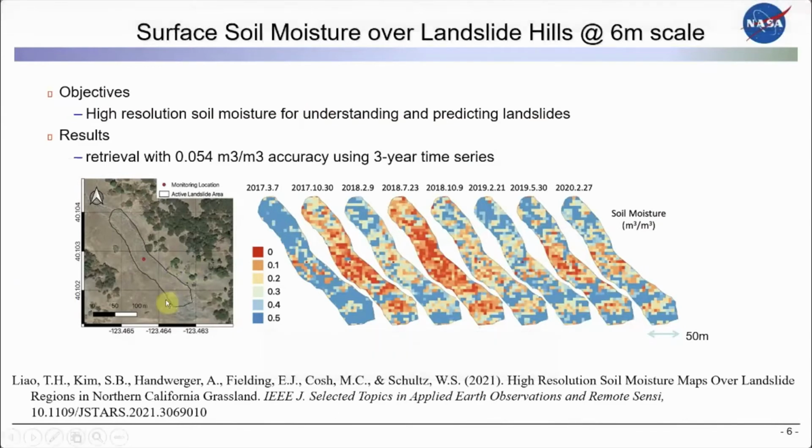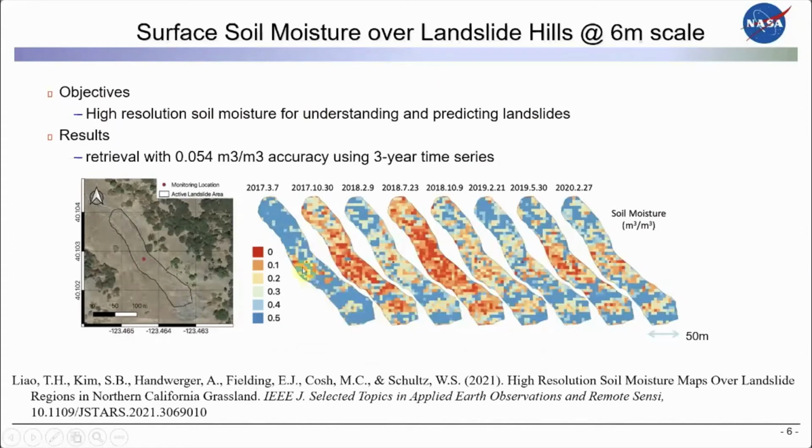So this is the domain of 50-meter and 300-meter. Over 3 years, our retrievals were able to show all the details of the spatial variation of soil moisture and temporally wet in winter, dry in summer, and showing the progression temporal correctly.